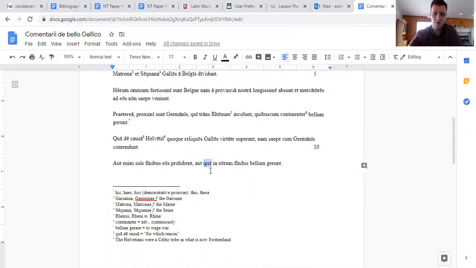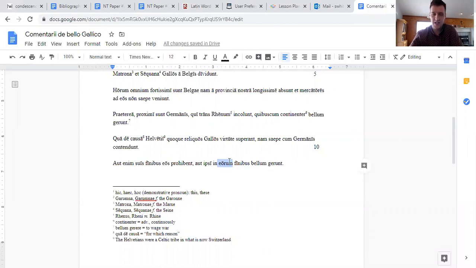ipsi, another word we'll cover next week, they themselves wage war in, now we've got a little bit of hyperbaton, so it's in finibus. In finibus, in the boundaries, in the borders, and now we've got a genitive interrupting that prepositional phrase.